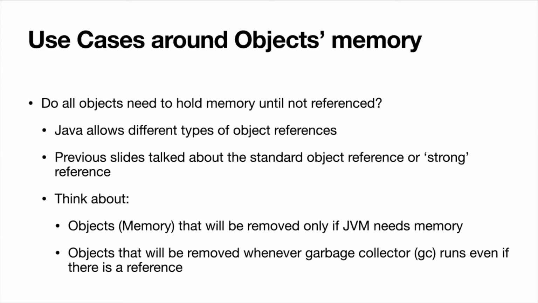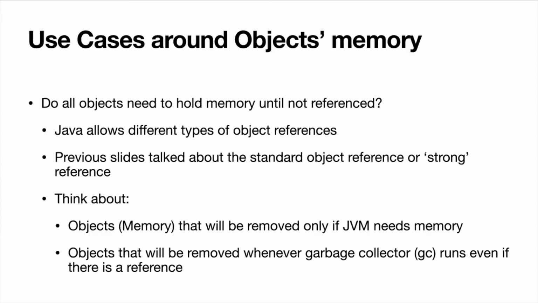Well, in a nutshell, there are cases where even though you have an object reference, we would still want the object to be released back to memory when the garbage collector runs, or if the Java virtual machine needs memory. And there are definitely cases where this is possible.